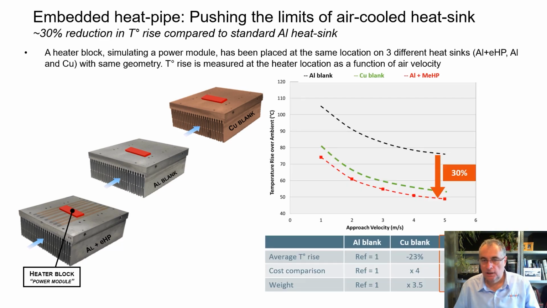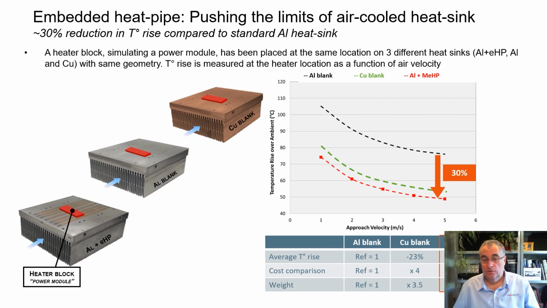As you can see, we do observe a 30% lower temperature rise when we compare embedded heat pipes with the standard aluminum blank. And we can even demonstrate that an embedded heat pipe on an aluminum heat sink gets even better performance than the same copper heat sink.